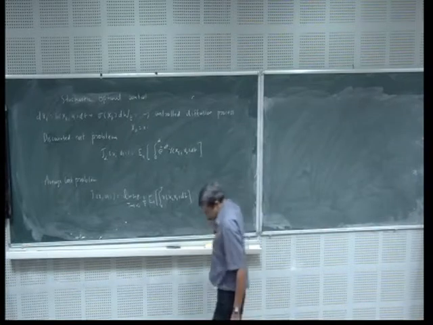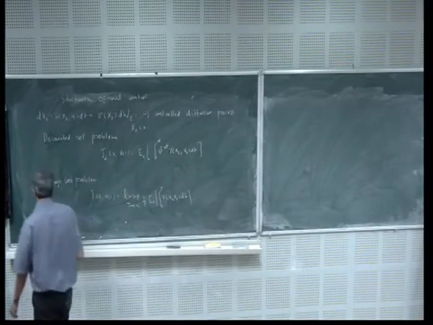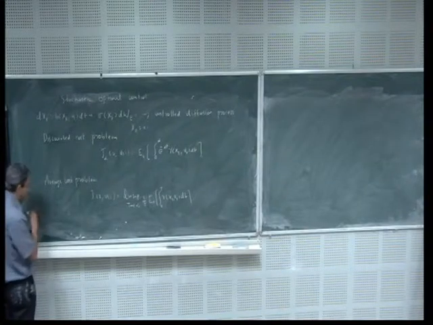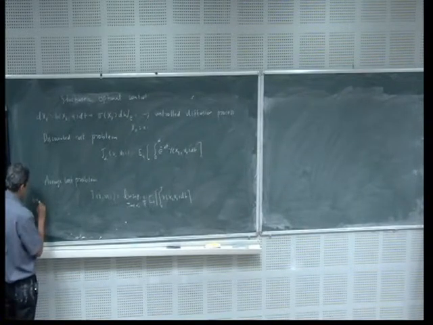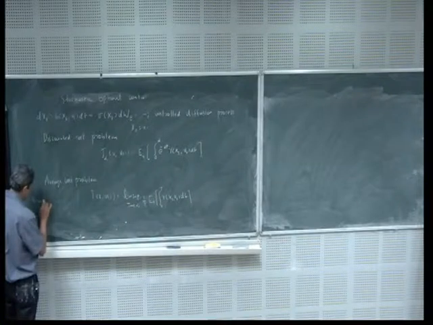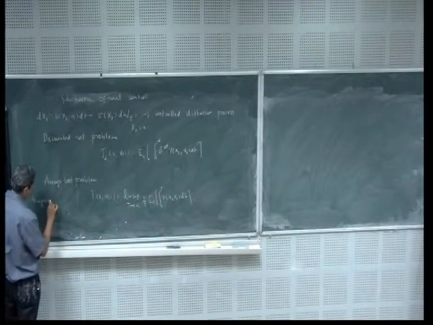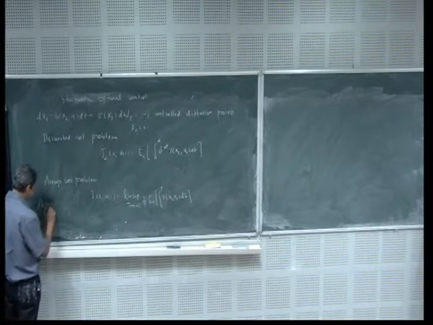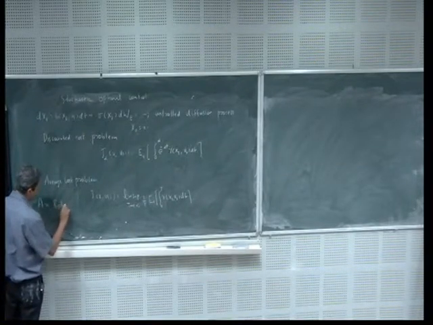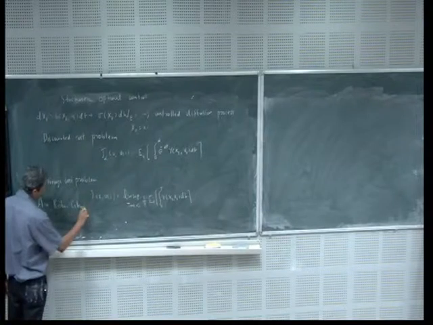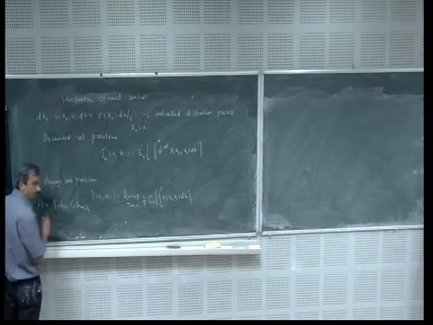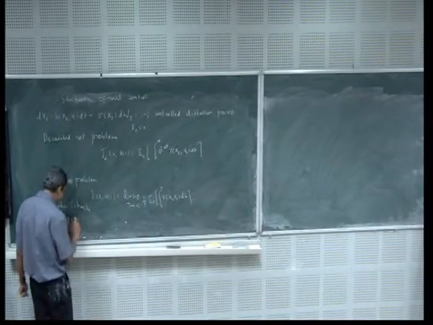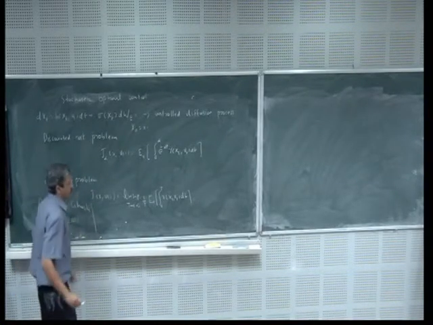And I think one of the best references for all these things is their book. I don't know the spelling, I will just write Arapostathis, Borkar, Ghosh, Ergodic Control of Diffusion Processes, 2012.